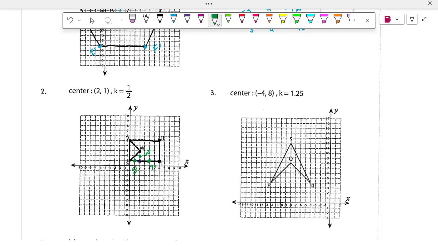Now, think carefully. What's the rise over run to get from the center to V? Up how many? 4, and then over how many? 2. So if I half both of those, how much am I going up and over? Up 2 over 1. So there's V prime.